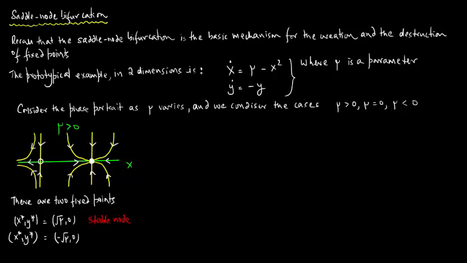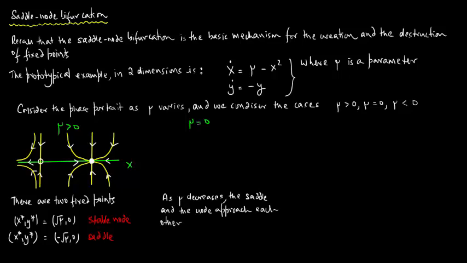As we note, we have a stable node and a saddle. Now let's look at mu is equal to 0. As mu decreases, the saddle and the node approach each other and then collide when mu is equal to 0.